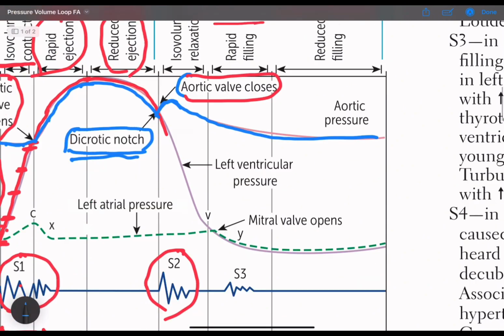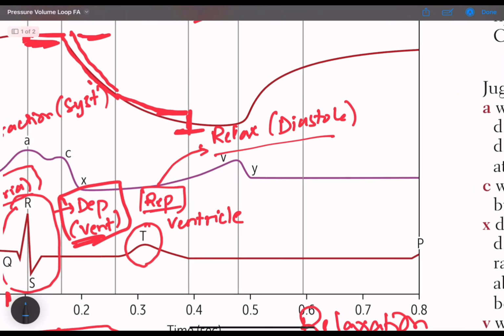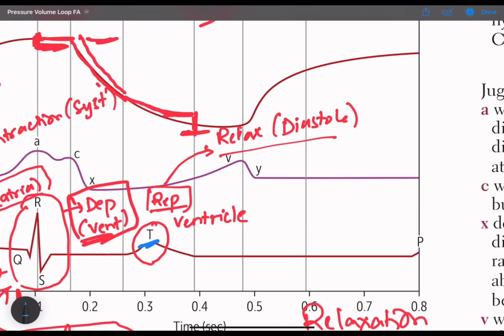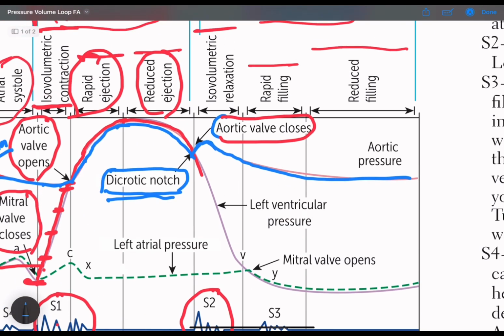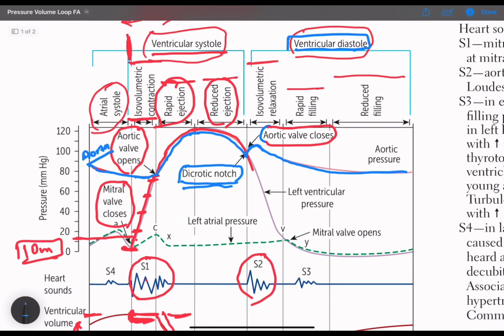Now, after that, the T wave occurs within the electrical activity, which serves as a stimulus for ventricular diastole, and the ventricles start to relax. Now the pressure starts to drop. It peaked at 120 mm of Hg and now it starts to drop again. At less than 80, we have closure of the aortic valve and we have relaxation again.